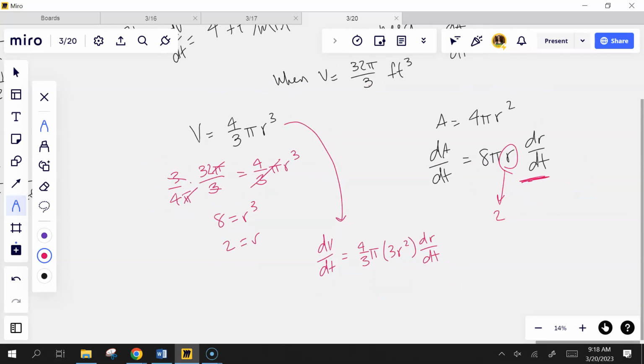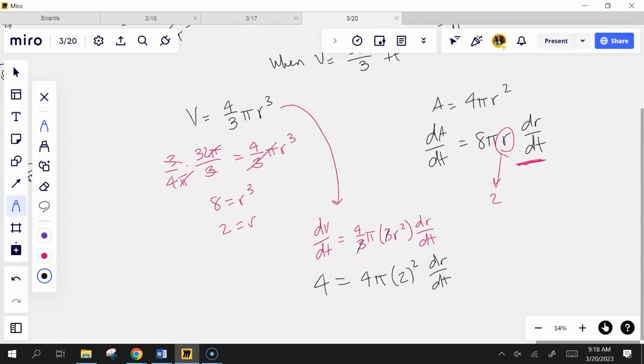I know dV/dt. dV/dt is 32 pi over 3. Nope, just kidding, I lied. 4. Thank you. These two cancel. So I've got 4 pi times, and I found my radius at this particular moment, which is 2, dr/dt.